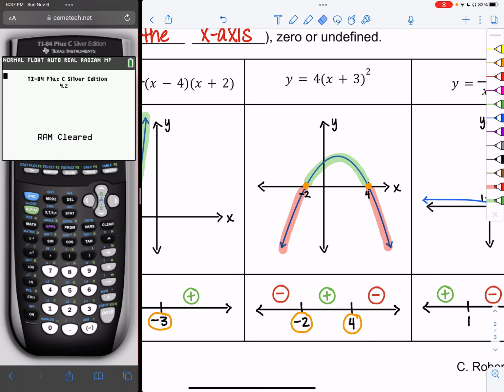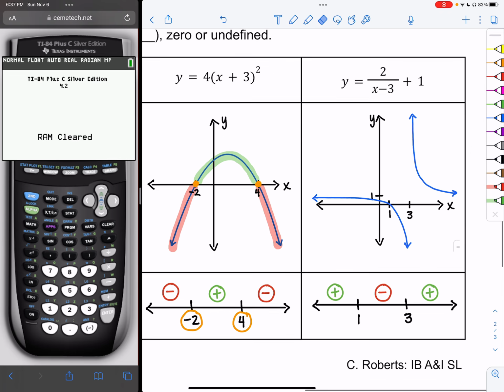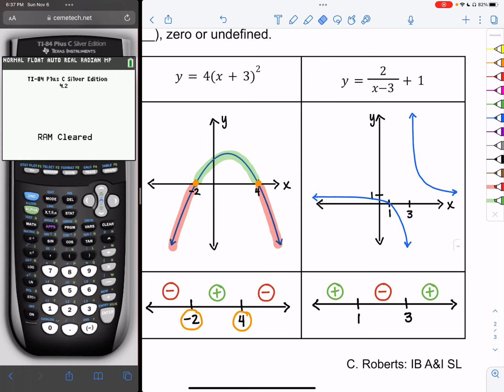All right. And my third one, for this function, I see an x-intercept here at +1, which I denoted on my number line. And I also see that there is a vertical asymptote here at 3, which is also noted here. I can see that my graph is positive or above the x-axis when x is less than 1, which is what I denoted here.